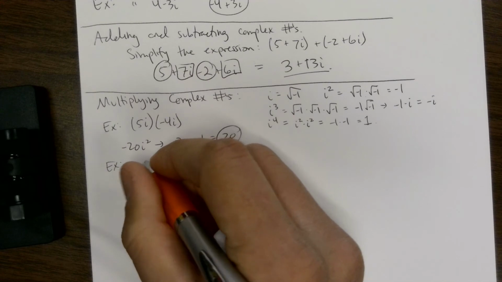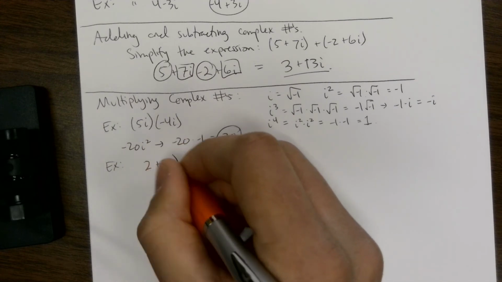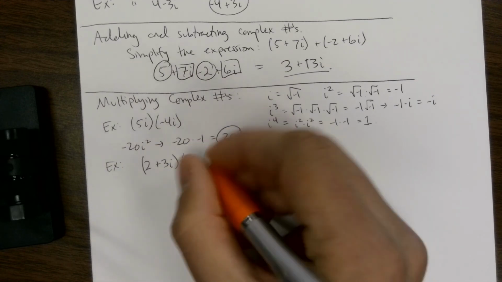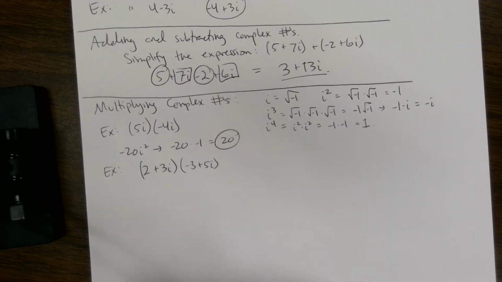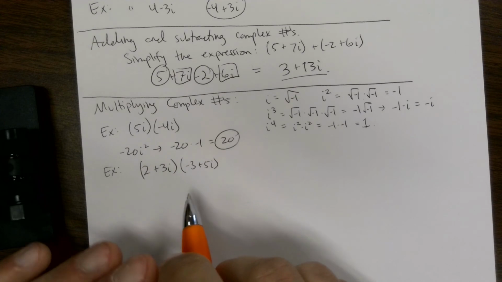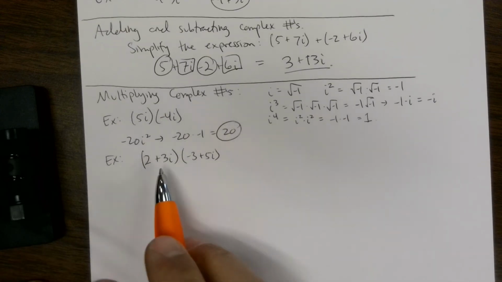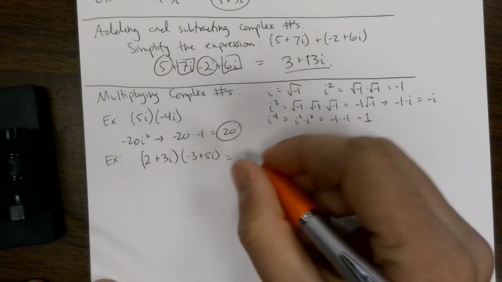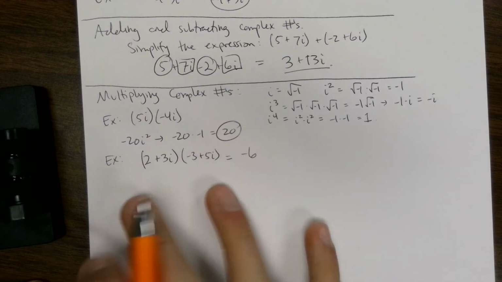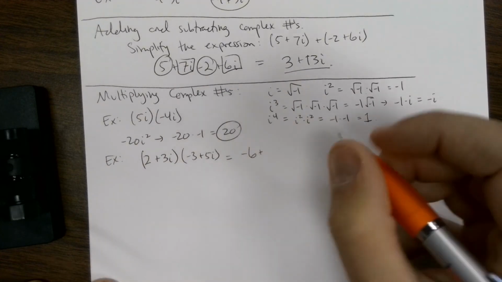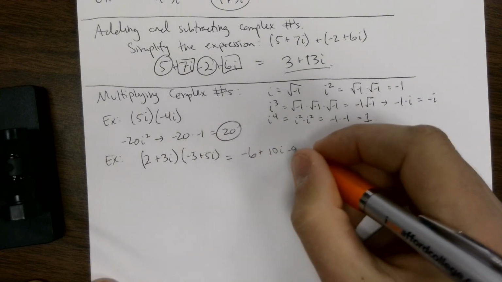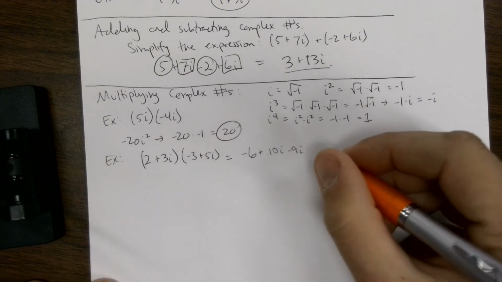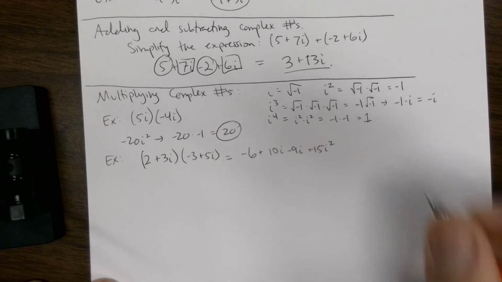Alright, another example here. Now we're going to take two complete complex numbers, so 2 plus 3i times -3 plus 5i. Alright, so let's go ahead and do this. We're going to FOIL it. So first would be -6. Outer would be 10i. Inner would be -9i. And then last would be 15i squared.